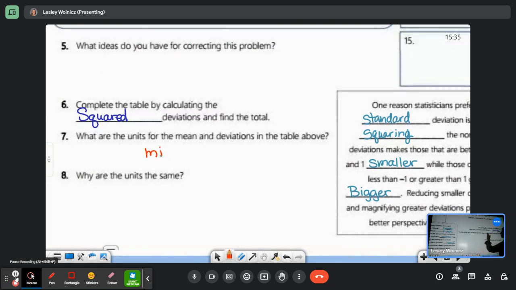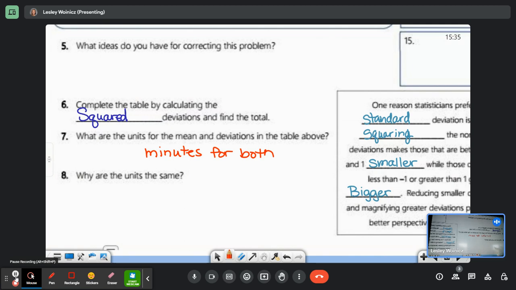Okay, take a minute to think about why they are the same. Yeah. Because they're both in time, and both of the times were measured in minutes.